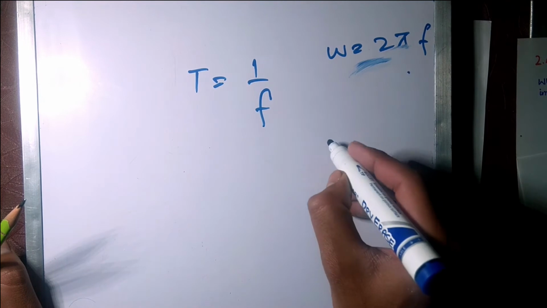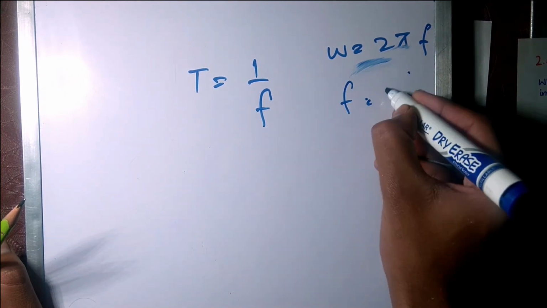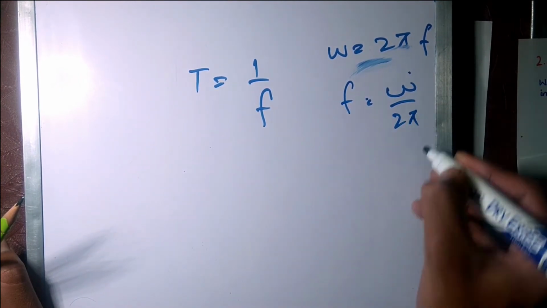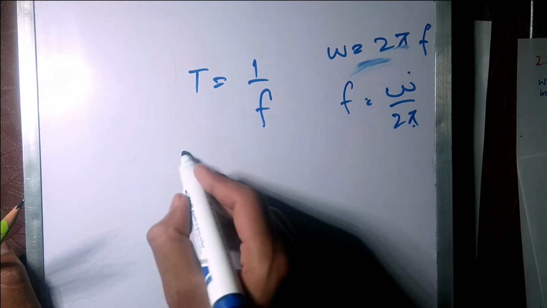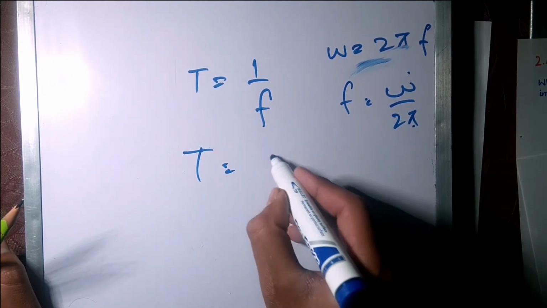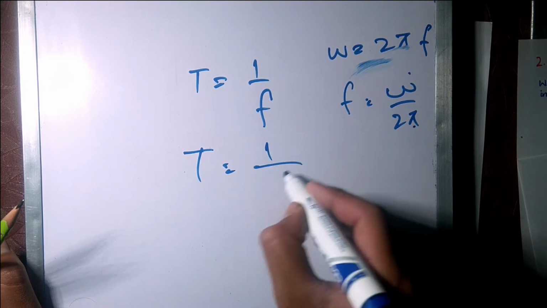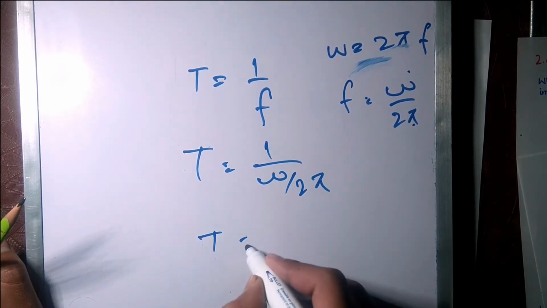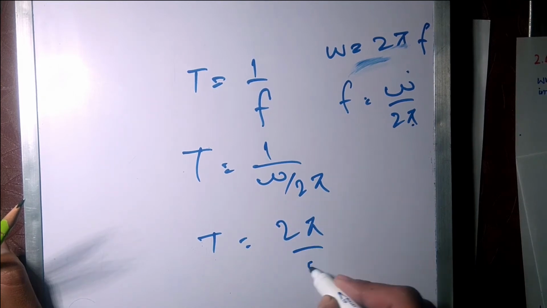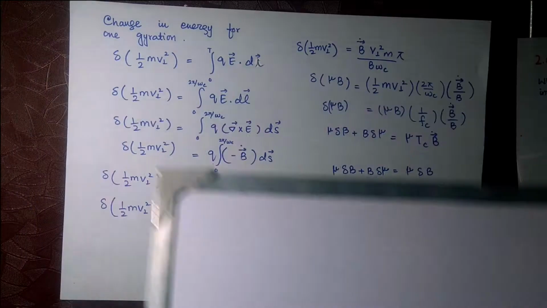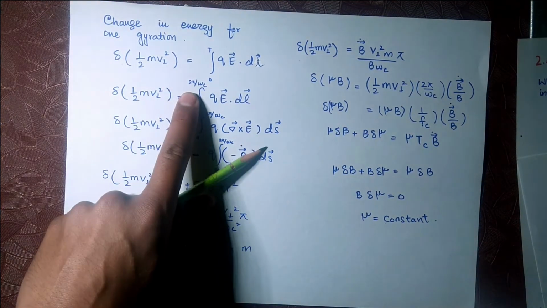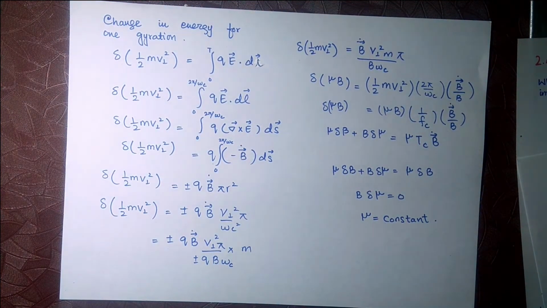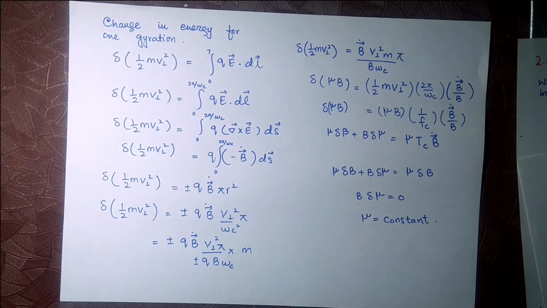So from that we can say f equals omega over 2 pi. Putting this value here, T will equal 1 over omega divided by 2 pi, so T will equal 2 pi over omega c. So we found how T equals 2 pi over omega c.